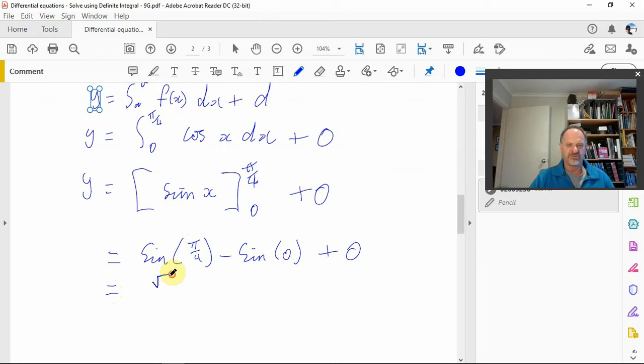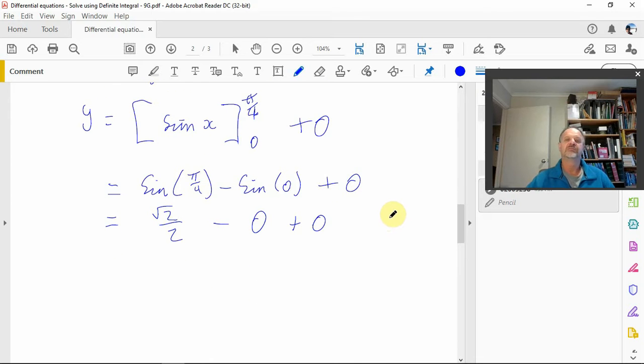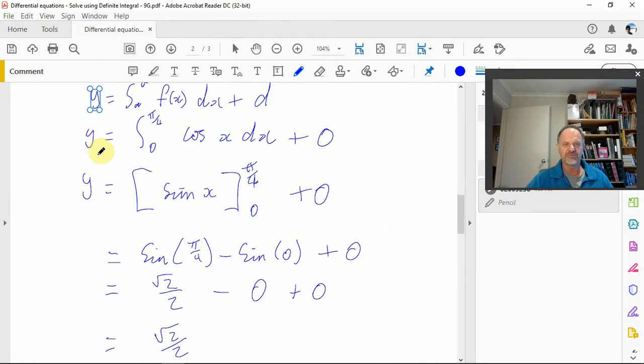Sine of pi on 4, of course, is root 2 on 2. Sine of 0, 0, sine of 0, 0, plus that 0. And so root 2 on 2 is our solution, our y that we're looking for.